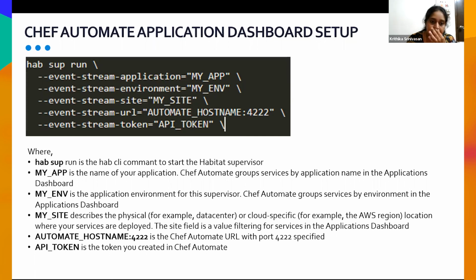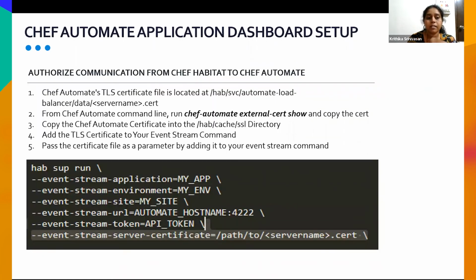So this basically starts a connection between your Chef Habitat and the Chef Automate UI. But there is one more step that needs to be done, which is to authorize communication from your Chef Habitat to Chef Automate. There is a security certificate that needs to be added, which is essential to authorize the communication from Habitat to Automate.